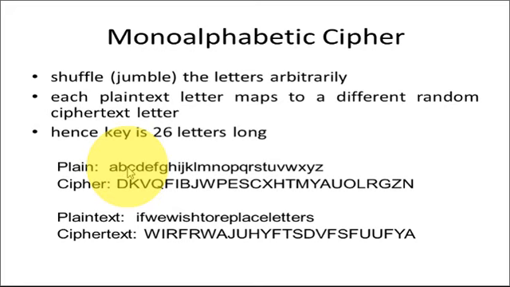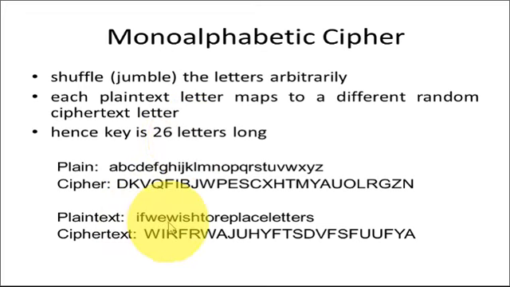That is, each letter in the plain text is mapped to one alphabet. For example, for ABCD up to Z, we have D to N. So wherever we have A, that will be replaced by D. Wherever we have I, that will be replaced by W. So this is the mono-alphabetic cipher. Mono means single letter changing.